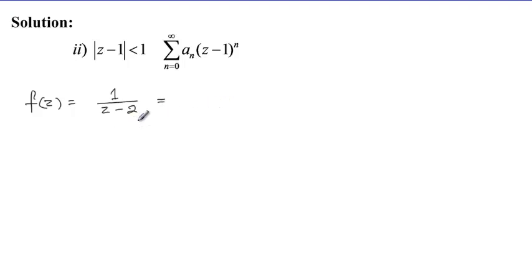What we can do is write this expression as 1 over z minus 1 in brackets minus 1. I hope you can all see that this is z minus 2. Our sum of a geometric series is always a0 over 1 minus r.